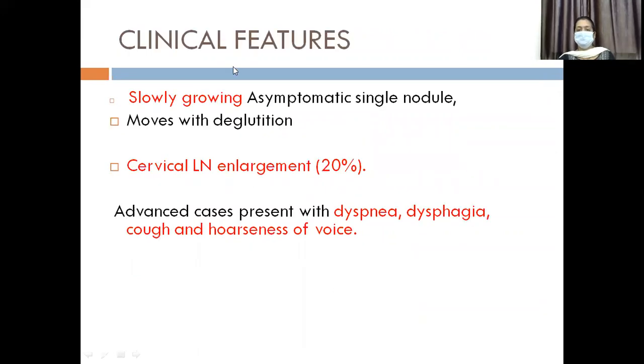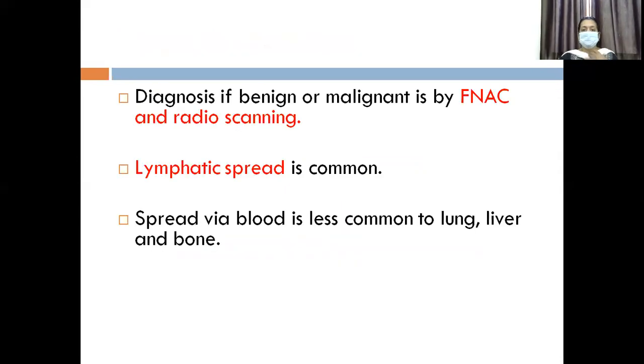So the clinical features: slow growing, cervical lymph node enlargement is seen in about 20% of papillary carcinoma cases. Cystic change and lymph node involvement with a mass are typical of papillary. Advanced cases have dysphagia, hoarseness, cough and voice change because of the pressure symptoms in the neck by the enlarging thyroid on the esophagus and the trachea.